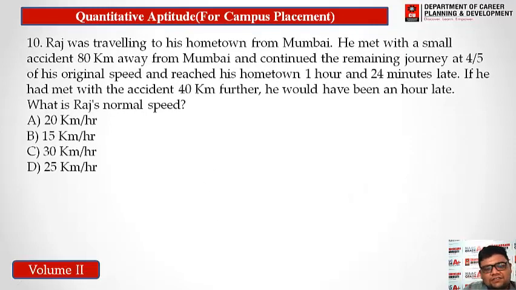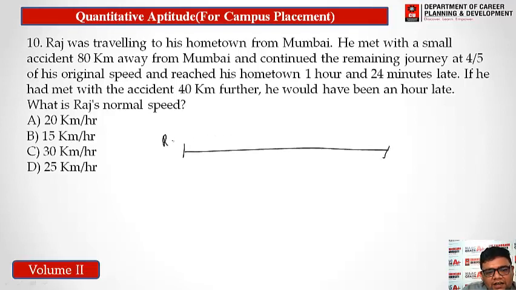Now let us see the next question. This is a very important question which is mostly asked in the exams. Raj was travelling to his hometown from Mumbai. He met a small accident at 80 km from Mumbai and continued the remaining journey at 4 by 5 of his original speed.